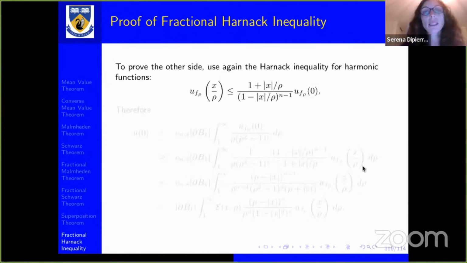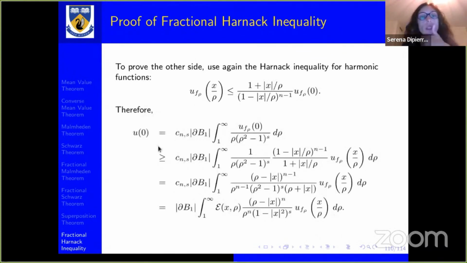And the other side, well, I have to use the other side of the classical Harnack inequality for harmonic functions. So now u of f rho is above, multiplied by some constant that I'm putting here, u of f rho of x over rho. And so now u of 0 is again equal by the superposition theorem to the kernel at 0, which is here, and the constant is outside, times u of f rho.